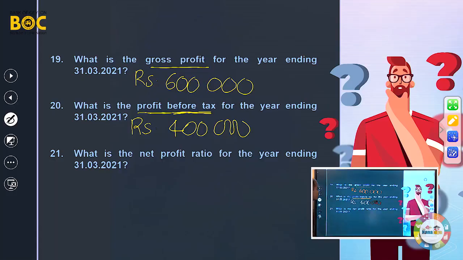Then question number 21, the net profit ratio. How do you calculate net profit ratio?